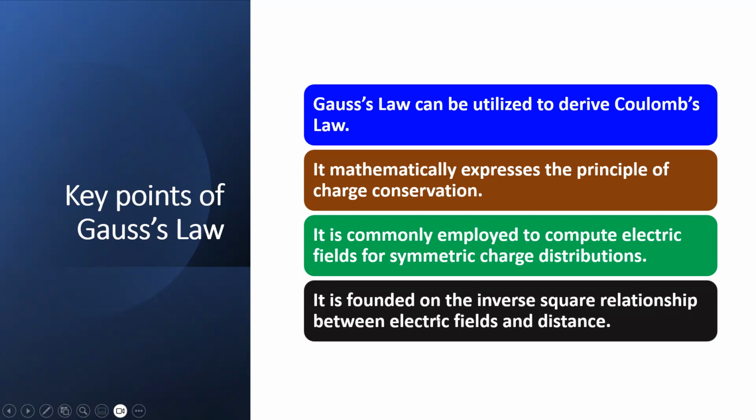Another very important point is that it is founded on the inverse square relationship between electric field and distance. When you look at the relationship between the distance and the electric field from the source of the charge, for instance, a charge located somewhere in space, and you are trying to find the electric field at a certain distance r away from that electric charge, it will follow the inverse square relationship.